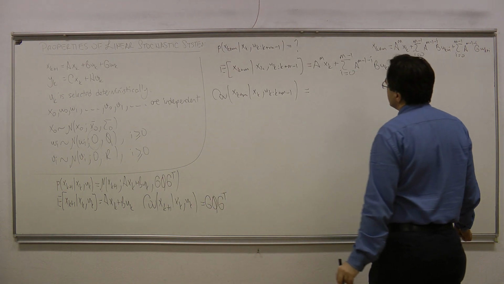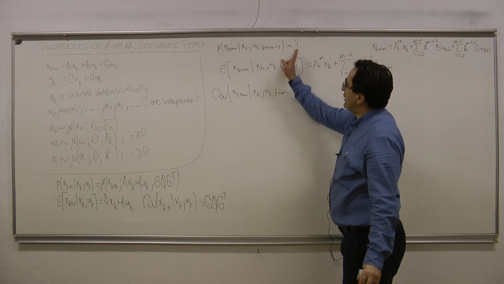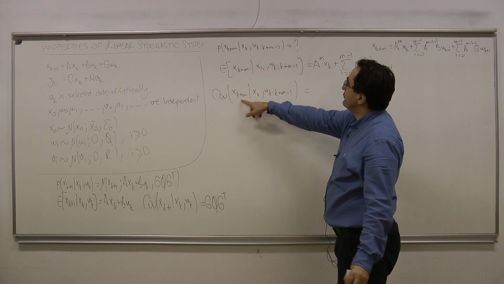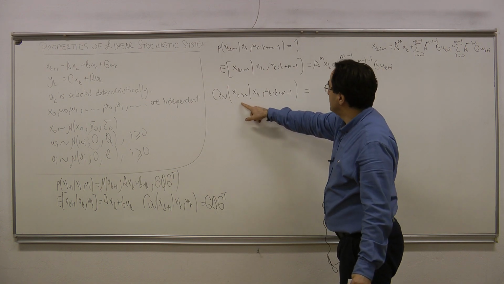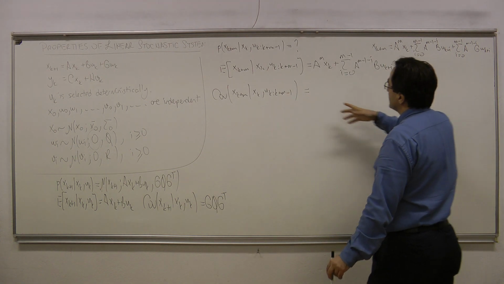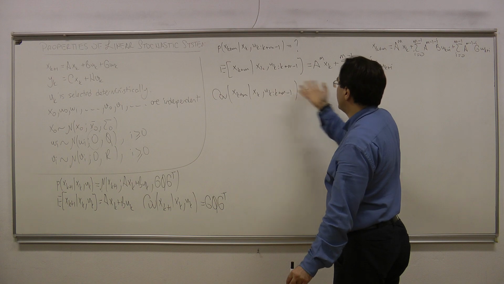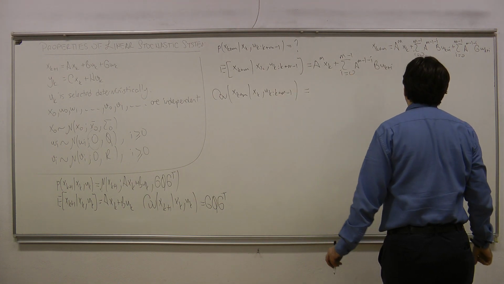In order to be able to do that, I'm going to subtract the conditional mean of x_{k+m} from x_{k+m}, okay? And then I will calculate the covariance of the remaining term.